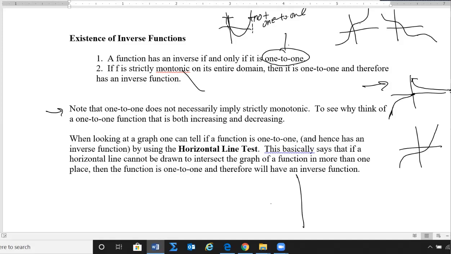So an example like that parabola fails the horizontal line test right there. I drew a line crossed in two places. A function like this, try to draw that line, it's only going to cut in one place. Okay, that would be 1-to-1. Okay, so it would have an inverse.